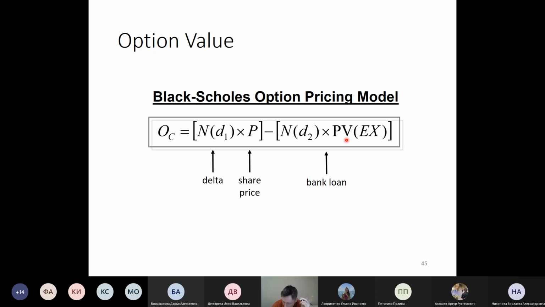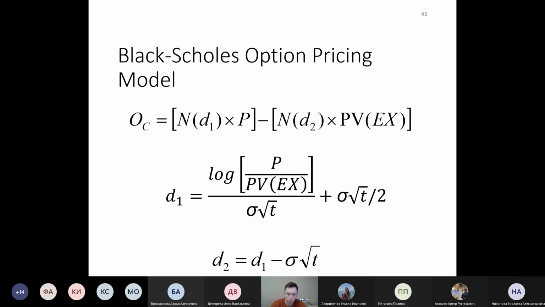So this is the same idea that we just discussed about replication of the option with another simpler asset. So this is what we have here. In order to exercise the call option, we can replicate it by buying some fraction of the share and borrowing some money. And this is what we have here.